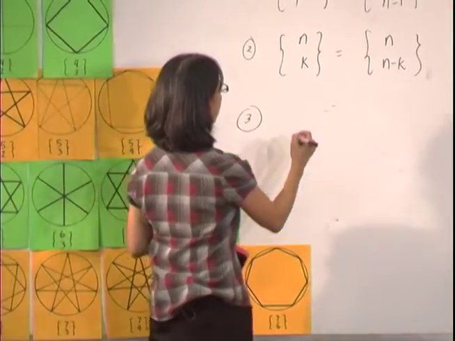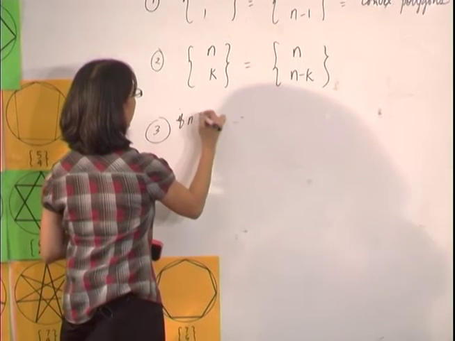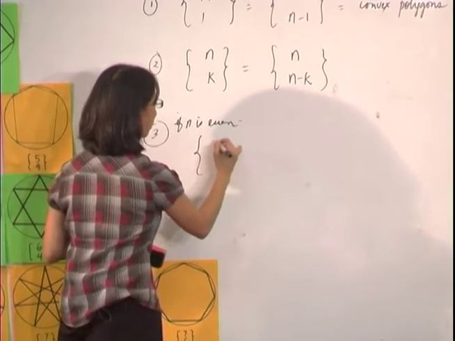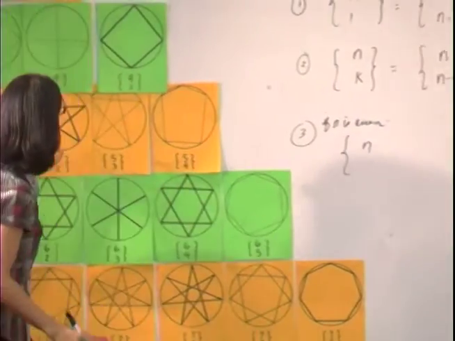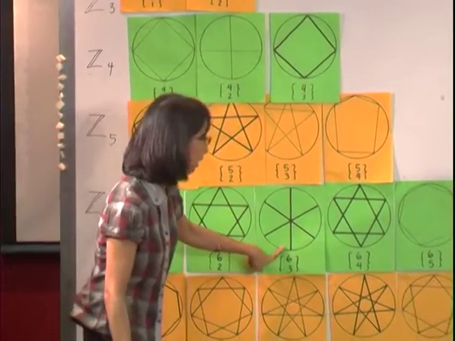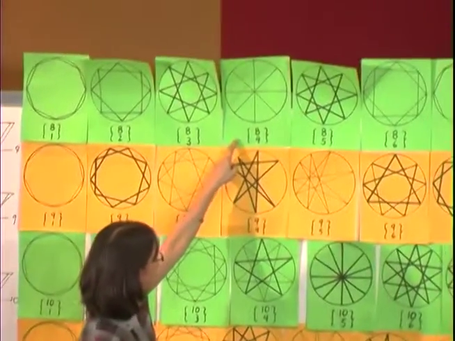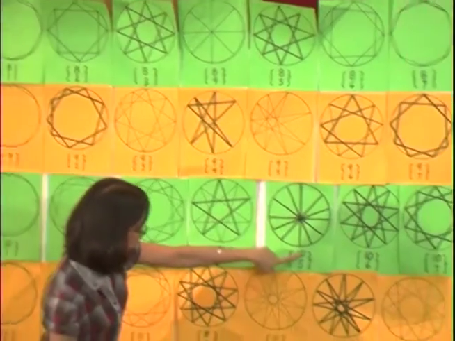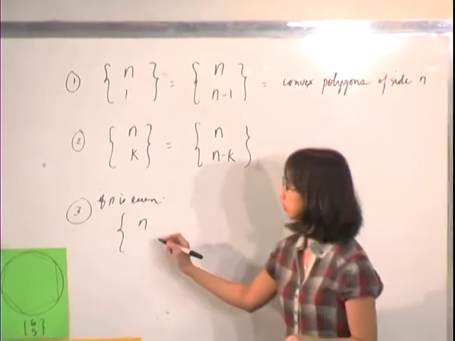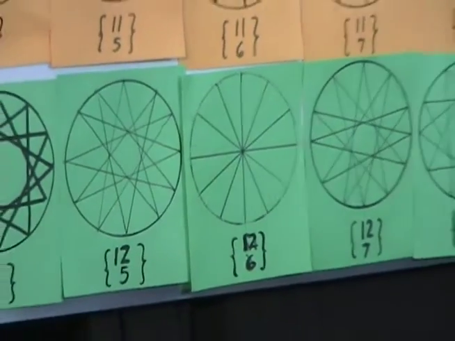So if our n is even, what can you say about n, the middle ones? 4, 2, 6, 3, 8, 4, what's next? 10, 5, and 12, 6. What can you say about the graph? Okay, the addend is n over 2.